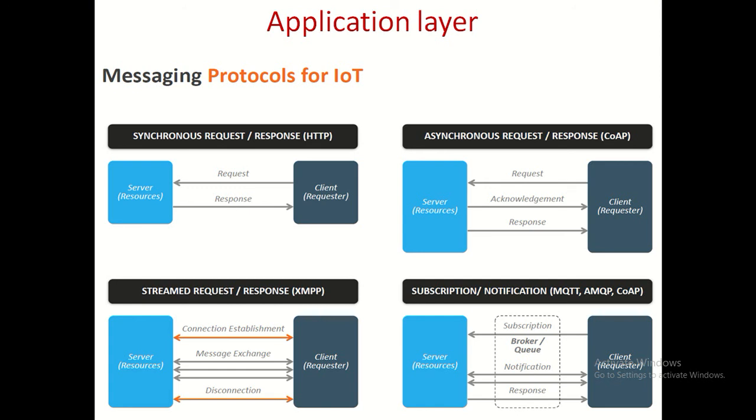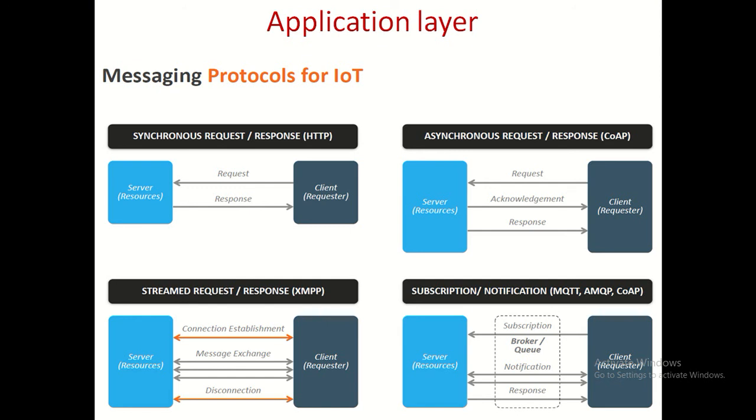There are applications where I am least bothered whether my client has received the data or not. I keep on publishing the data. However, there are some applications where I want to confirm whether my client has correctly received the data or not. So I want to have feedback. So based on the application, one has the freedom of choosing your own messaging protocols.